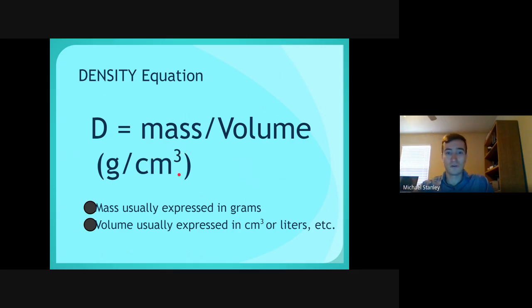Mass per volume. So you take your mass, however heavy your substance is, you divide it by the volume, however much space your substance takes up, and you'll be able to figure out the density.